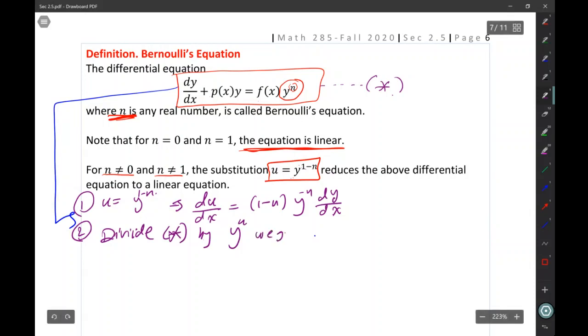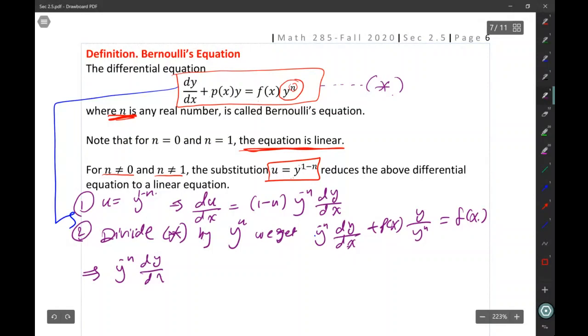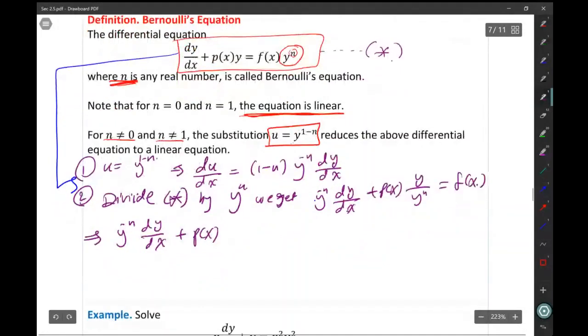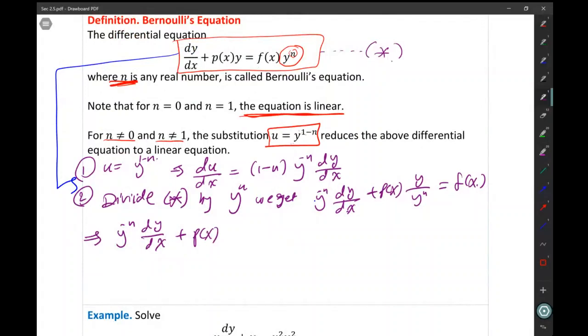You will get the equation y^(-n) dy/dx + p(x) y divided by y^n equal to f(x), which implies y^(-n) dy/dx + p(x) times y^(1-n) equal to f(x).